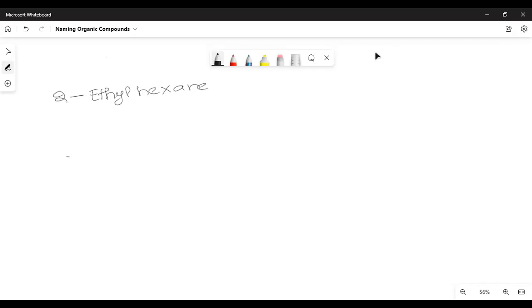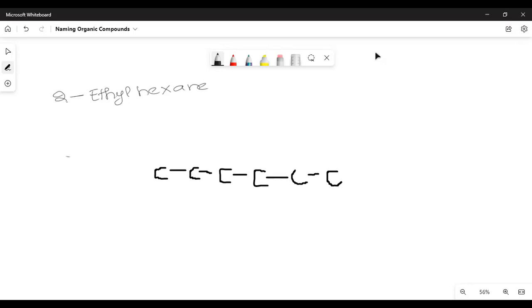So you would draw 6, and then A means it's single bonded, right. And then we have to number them.